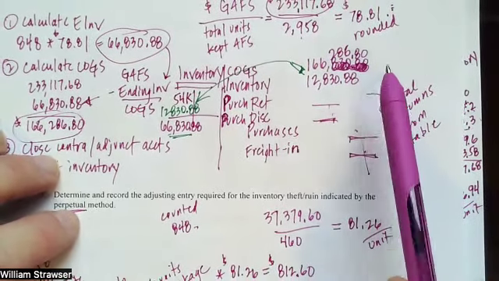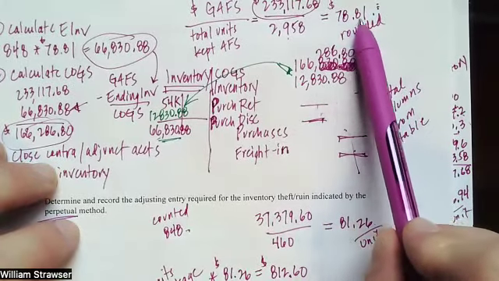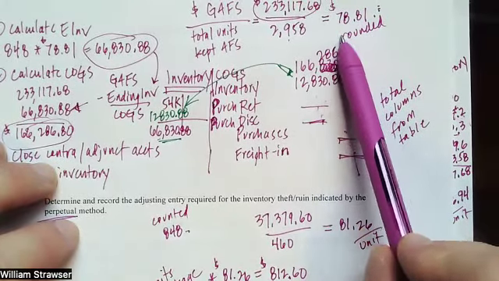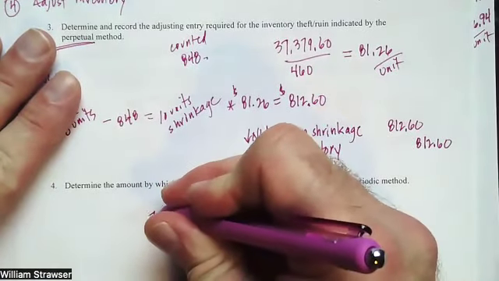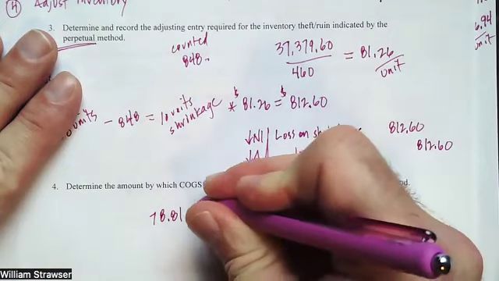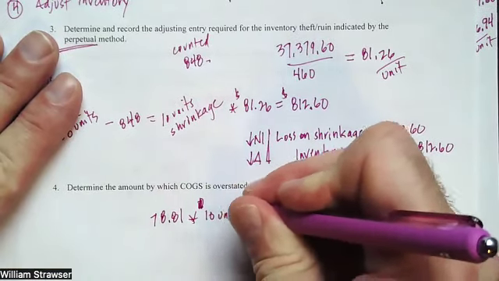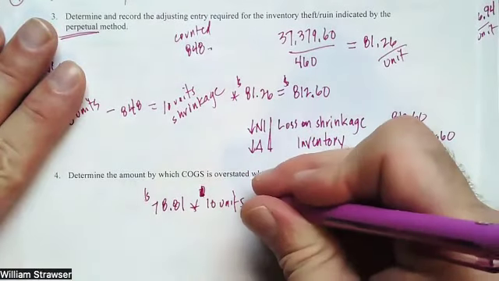Well, because every single unit in an average cost flow assumption is 78.81, that's as easy as taking 78.81 and multiplying it by 10. I'm sorry, not $10, 10 units. 78.81 is the dollars.